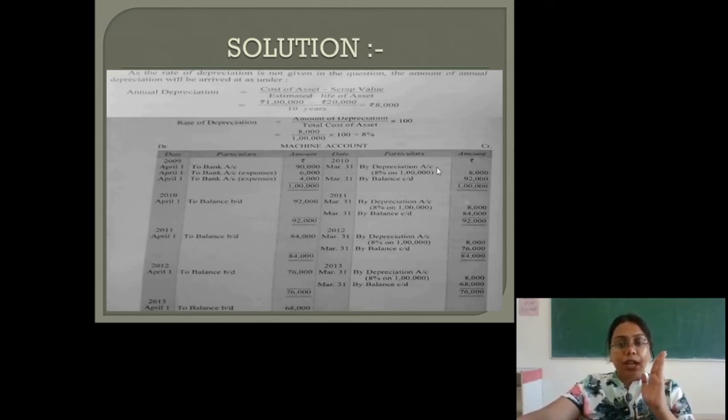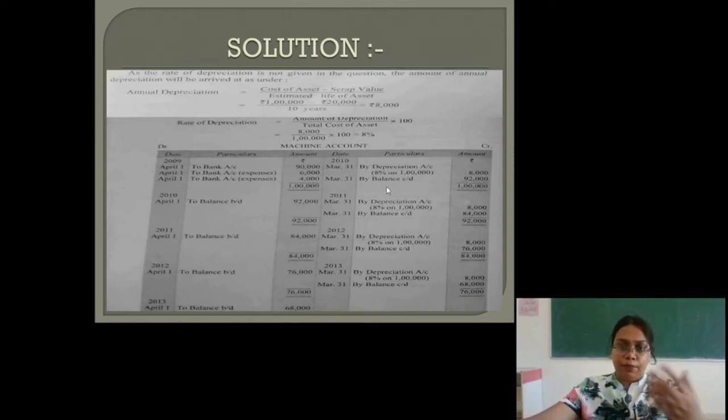So by depreciation account, 8% on 1 lakh, or the amount of depreciation we calculated, that is 8,000. Depreciation account will show by depreciation account rupees 8,000, and the balance will be 1 lakh minus 8,000, that is 92,000. This will be the balance on March 31st, by balance carried down rupees 92,000.